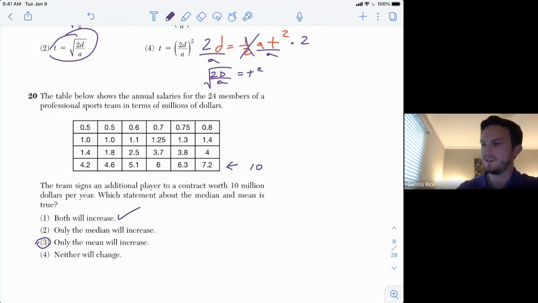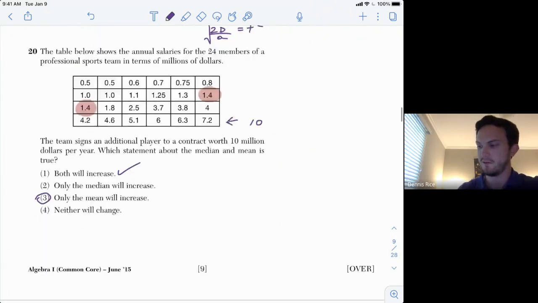The median stays the same because right now the median is 1.4, and if you look, it's kind of bookended by 1.4. So even if the median slides over 1, it's still going to remain 1.4. It's shifted over, but it still stays 1.4. You could obviously one var stats this and verify and write them down, but you could also just look at it and know the answer. It's a little bit of a trick question, but we saw this exact one previously.